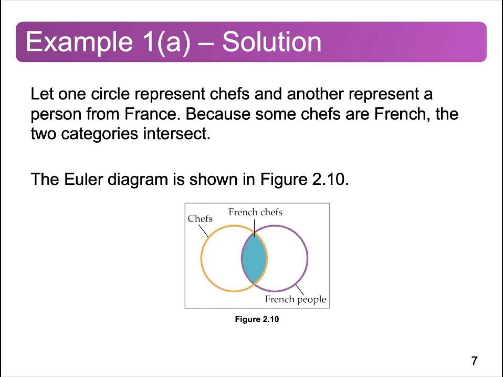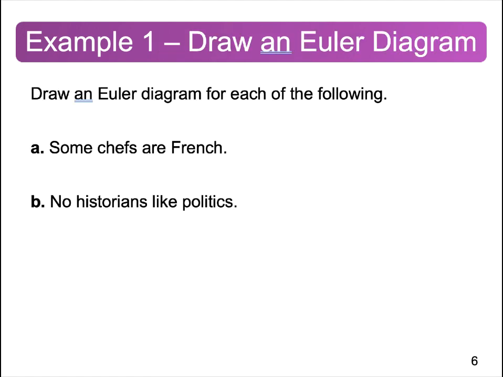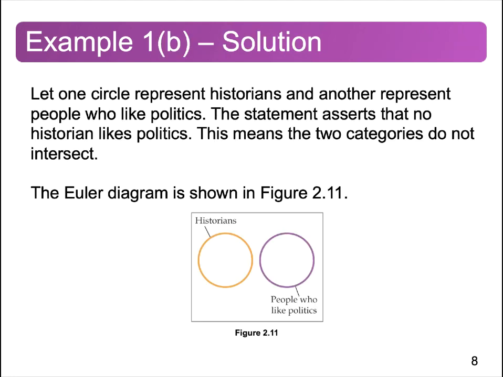That overlap, you could think of as your French chefs. Now the next statement, no historians like politics, then we will not have any overlap. We will have a group of historians and a group of people who like politics, but there will not be anybody in both circles.